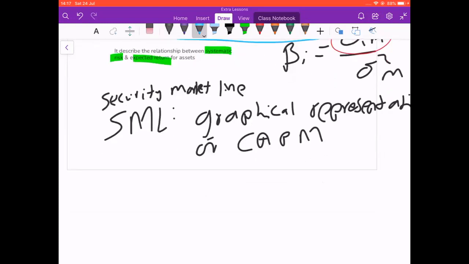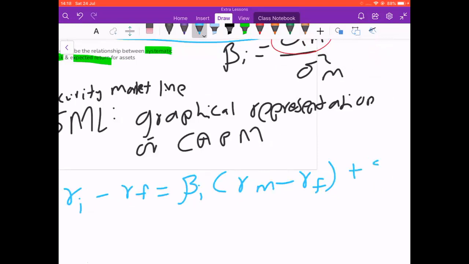If you try to remove this expectation, just to write the returns as they are, then you will have the return of I minus the risk-free rate equals beta of asset I times the market return minus the risk-free rate, plus error.